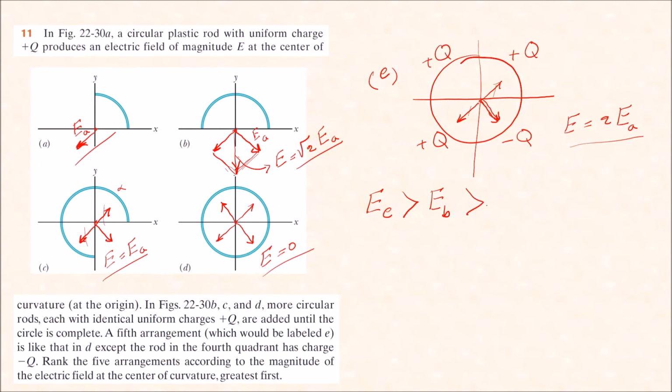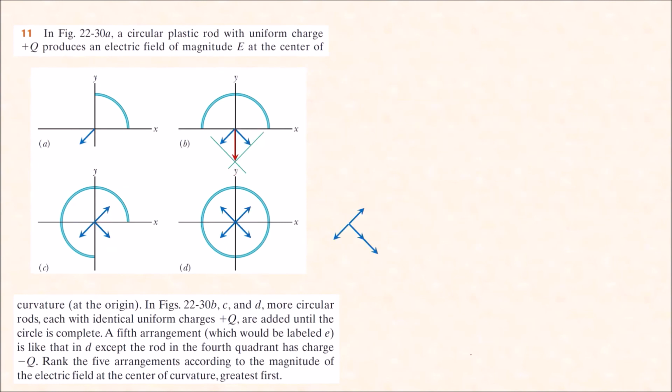The next one will be E in part A, which is the same as E in part C, which is greater than E in part D, which is 0. These questions all reduce to adding vectors. In this, I drew all the vectors. This is part E, okay?